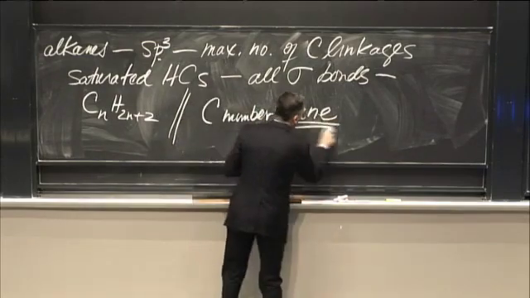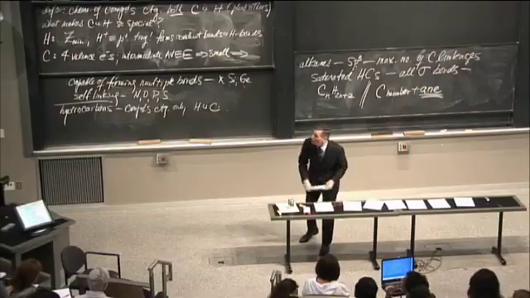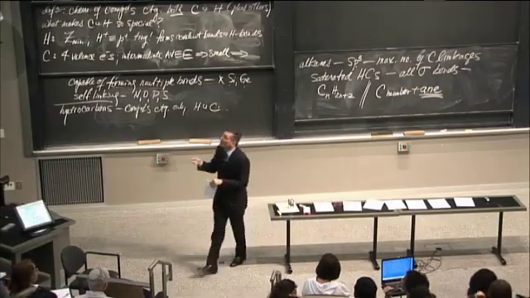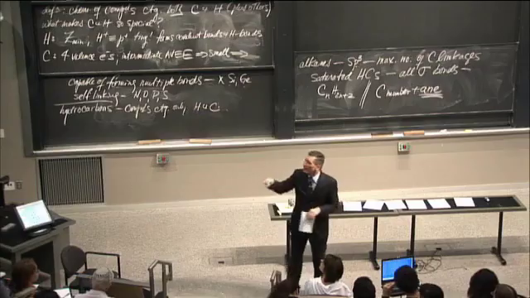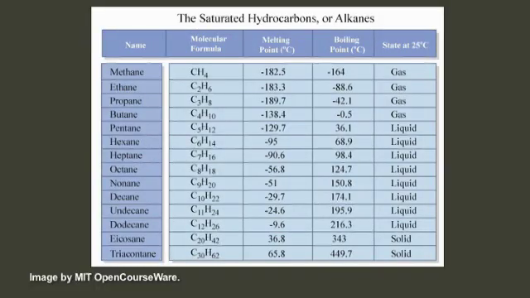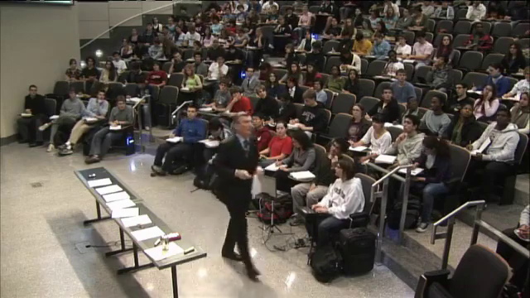The anes, the alkanes, are all sp3. So 1 is meth, 2 is eth, 3 is pro, and 4 is but. They all have historical derivations. But comes from butyric acid, the acid that's formed when butter turns rancid.